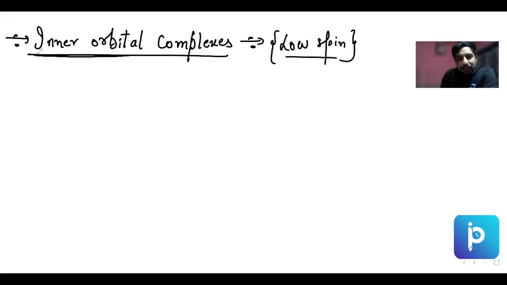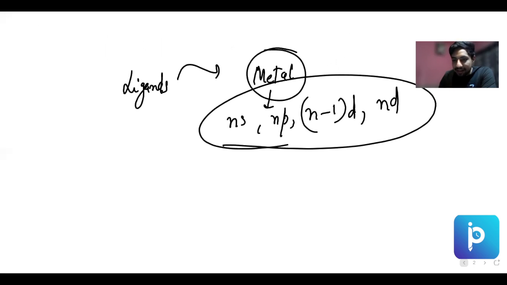As the word states, inner orbital, the point that we get from this is that the orbitals which are present on the inner side are being used. How? See this. In this, actually, how do we explain inner orbital and outer orbital? That is on the basis of ligands. The type of ligand which will be there will decide which orbital is to be used. As I said earlier, the ligands will be using the orbitals of the metals.